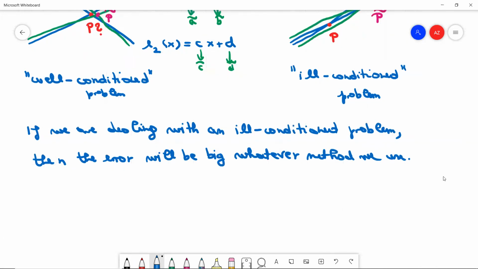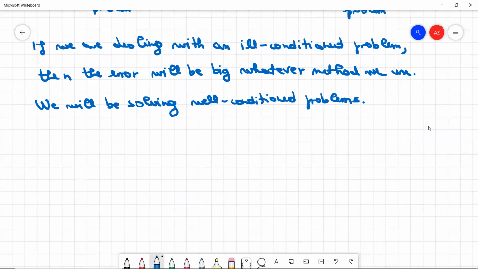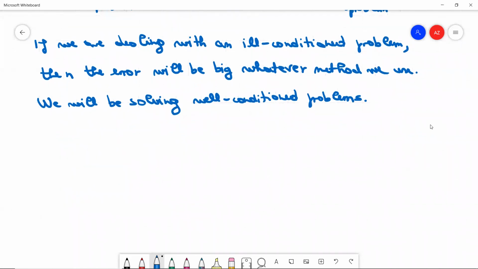So the first requirement for our course is that we have a well-conditioned problem. We'll be solving well-conditioned problems, so that really the biggest source of the error is our method. So this was the first type of the error.